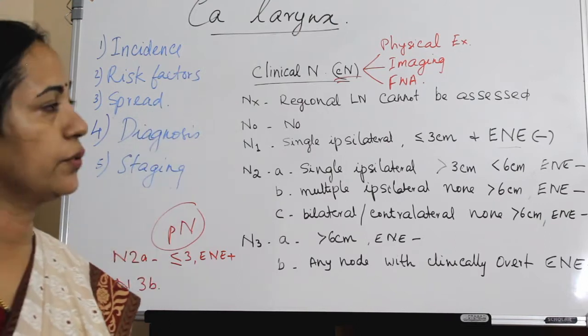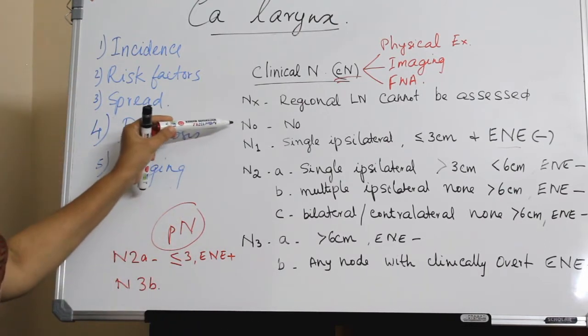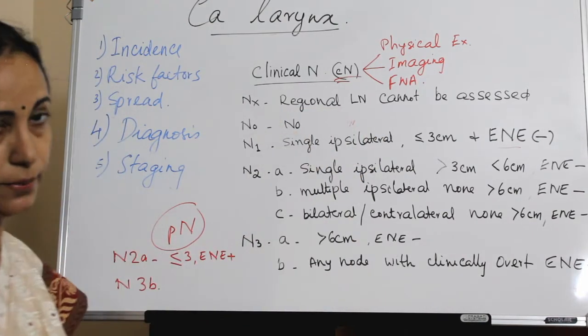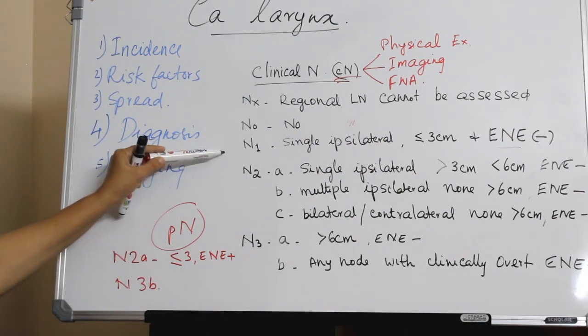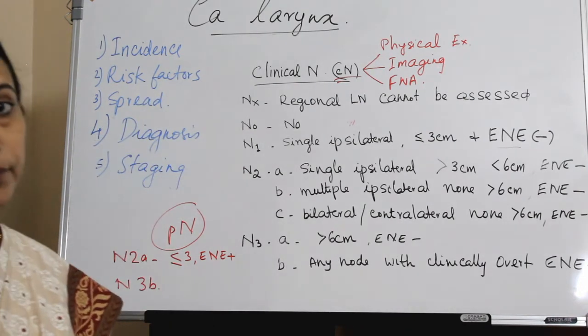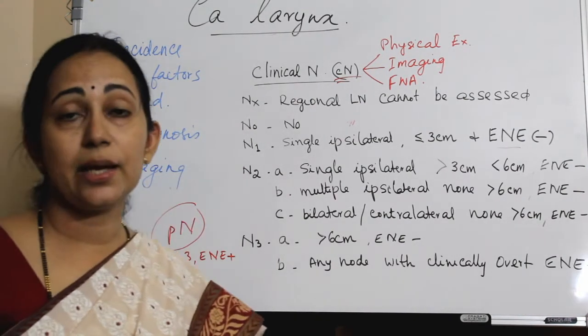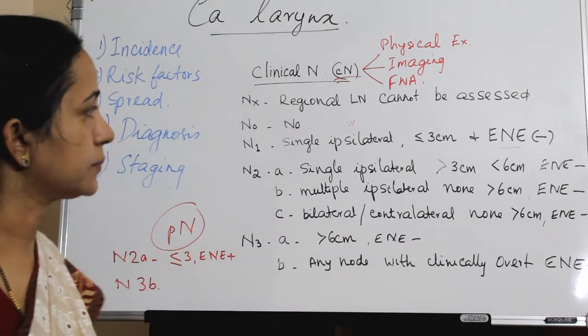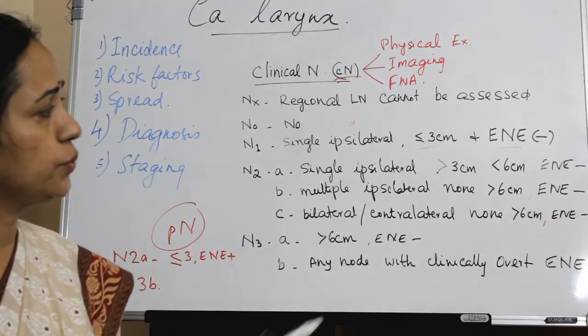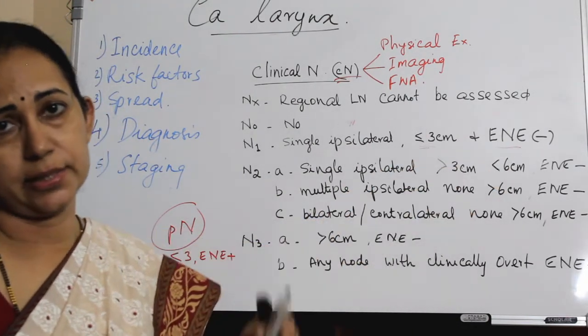NX and N0 are the same for both. NX is regional lymph node cannot be assessed, and N0 is no regional lymph node involvement. N1 is the same in both: a single ipsilateral lymph node, less than or equal to 3 cm and no extranodal extension.